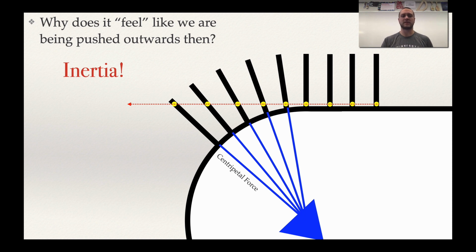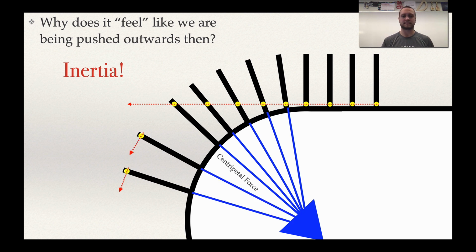That vehicle turns, your mass still wants to move in a straight line until it physically can't anymore, right? And it's all because of that inertia. So we start seeing that turn. And eventually as you turn and then you straighten out, your mass is still moving in a straight line and you don't feel that pressure anymore. So the pressure isn't from you being thrown outward, it's from you moving straight and the object turning, which is forcing you to turn as well.